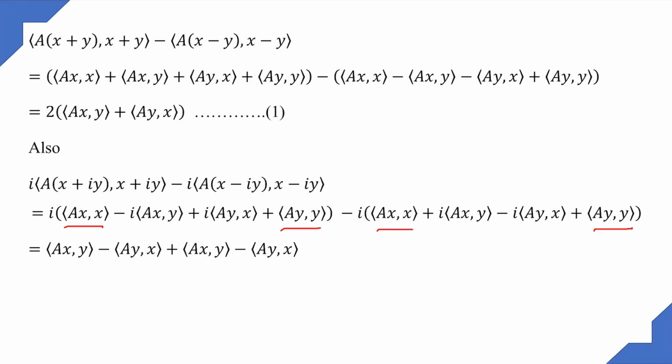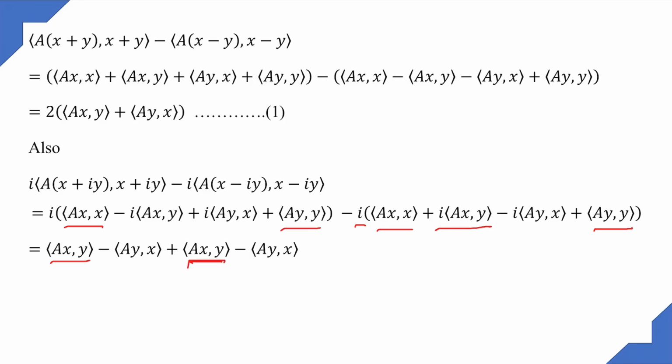And then we have I times minus I, meaning minus I squared, which is 1, inner product axy here. Similarly in the next term we have minus I times minus I inner product axy, which is again inner product axy.